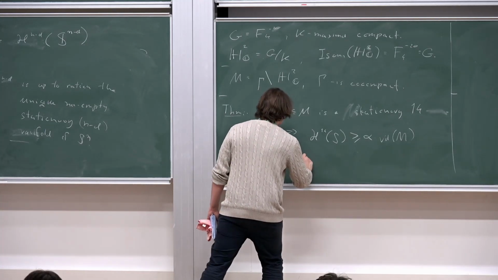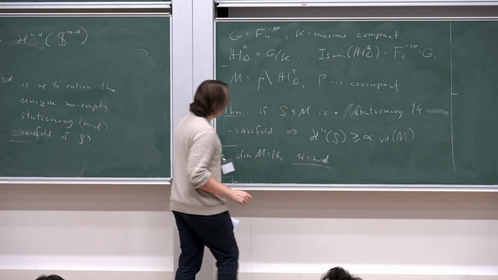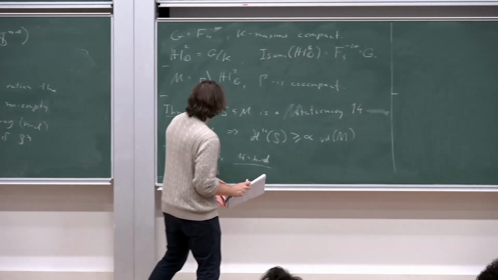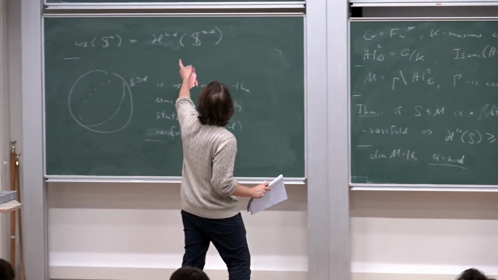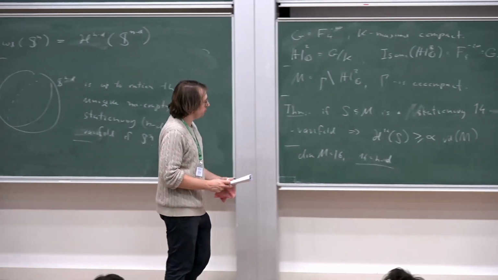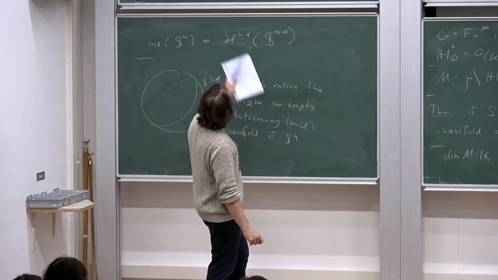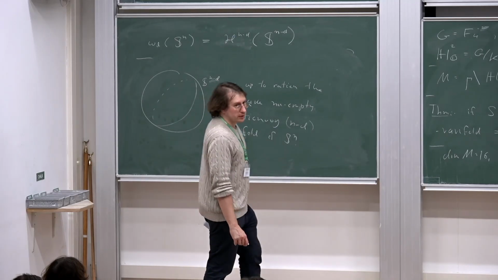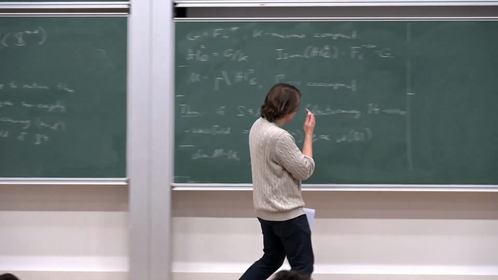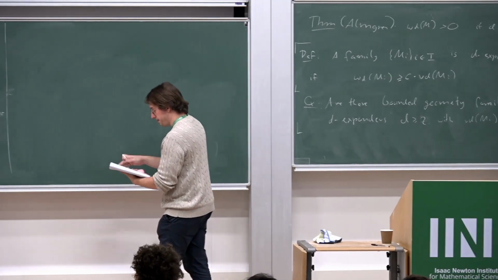So 14 in this case is just n minus d. And now, because of Gromov's theorem, this lower bound on the 14-dimensional areas of stationary varifolds immediately implies a corresponding lower bound on the waist. So this is how we deduced it.